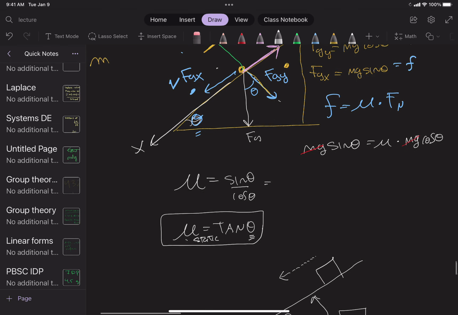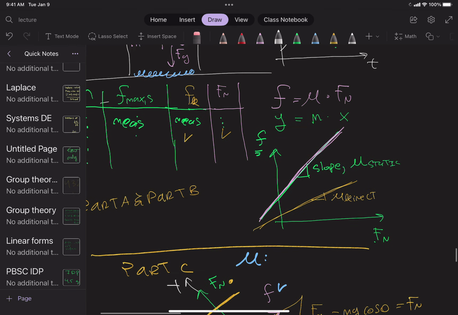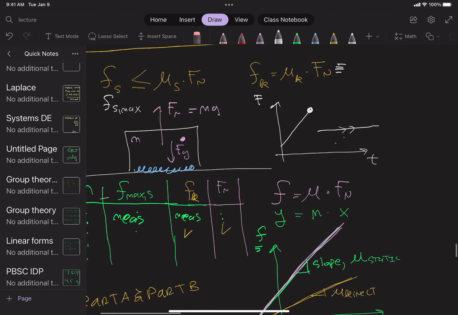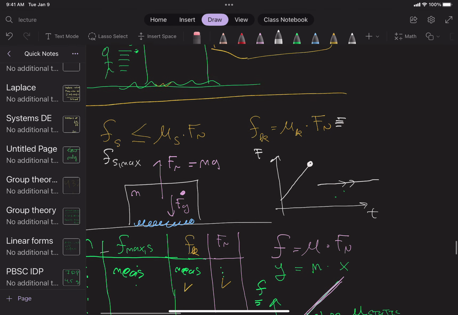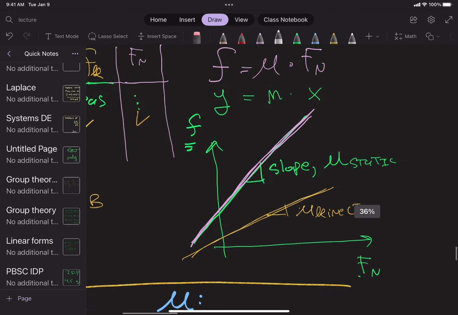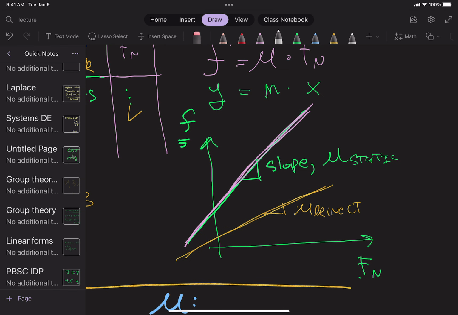So this lab has 3 parts, but part 1 and 2, part A and B, are similar. For part A, you're going to pull a block in the horizontal direction, and you're going to make a plot of friction versus the normal force. And from that, you'll be able to calculate the coefficient of friction.